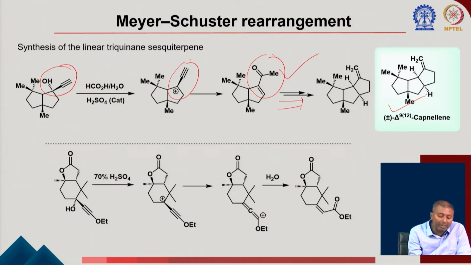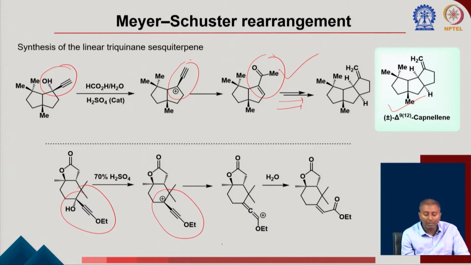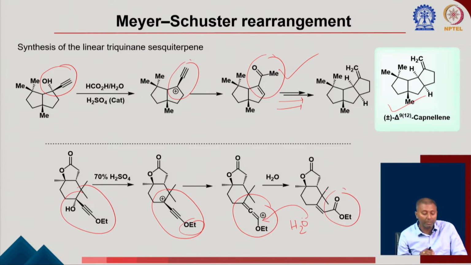There is another example here. We have another propargylic alcohol. Here also you can form the corresponding carbocation. Now you can see this type of allenyl carbocation will form, but here we have an OAc group. So the water is going to attack here, and that is going to end up forming an ester. That means depending on the substitution here, you can end up making the corresponding ketone or the corresponding ester.